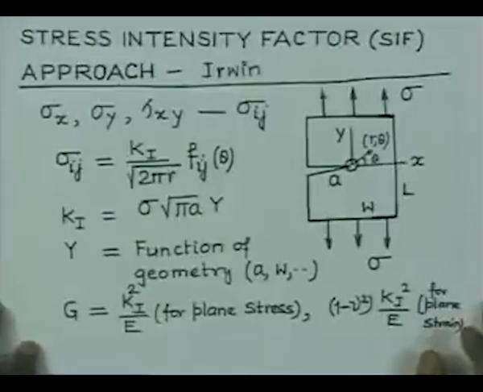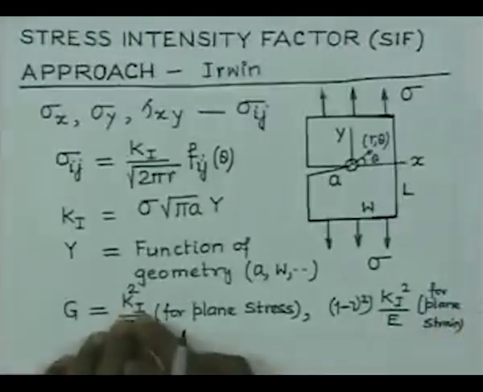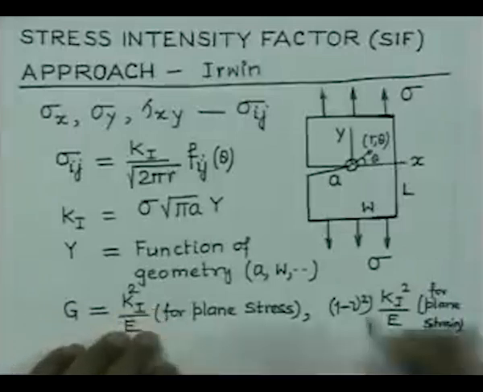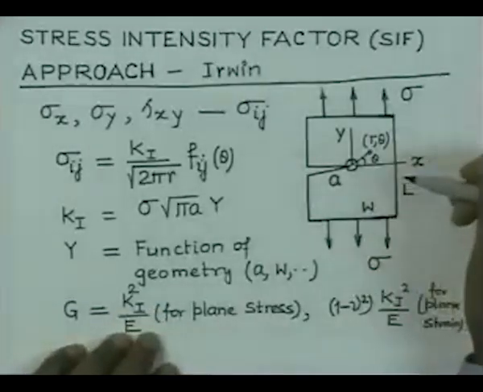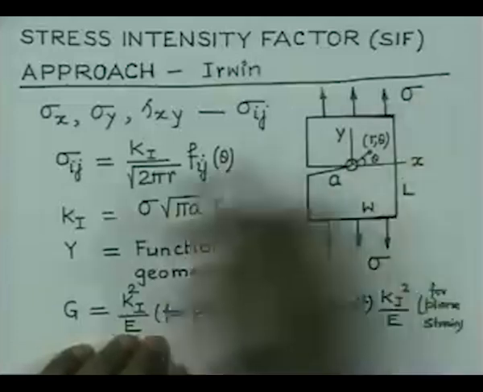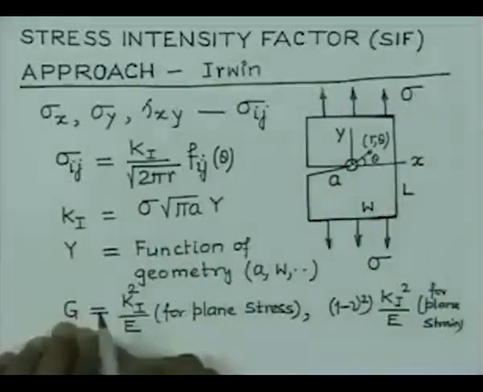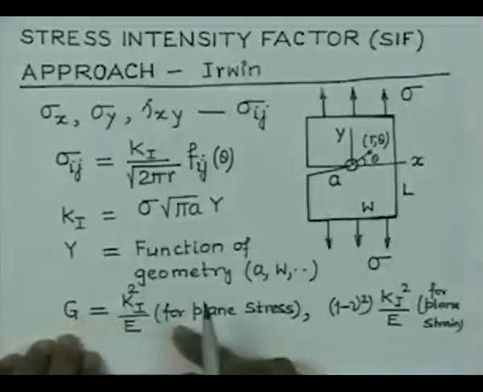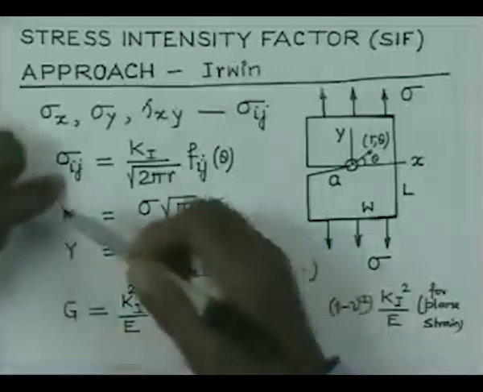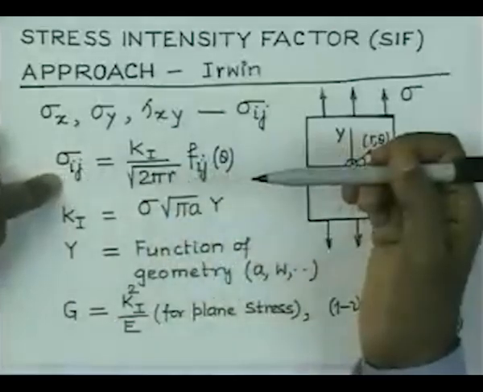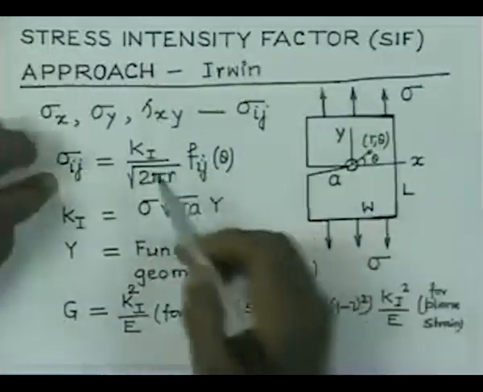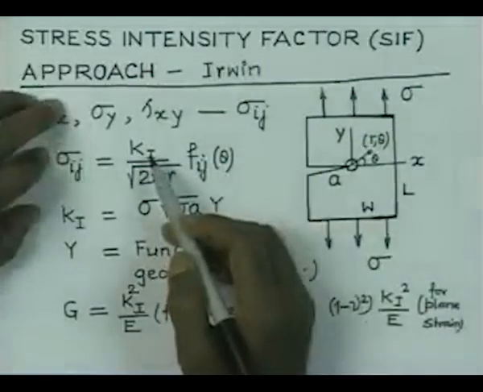So, therefore, this parameter, which expresses the influence of the geometry of the body and the loading on the stress field, is related to the strain energy release rate of Griffith. The stress field around the crack tip is characterized by a parameter Ki.